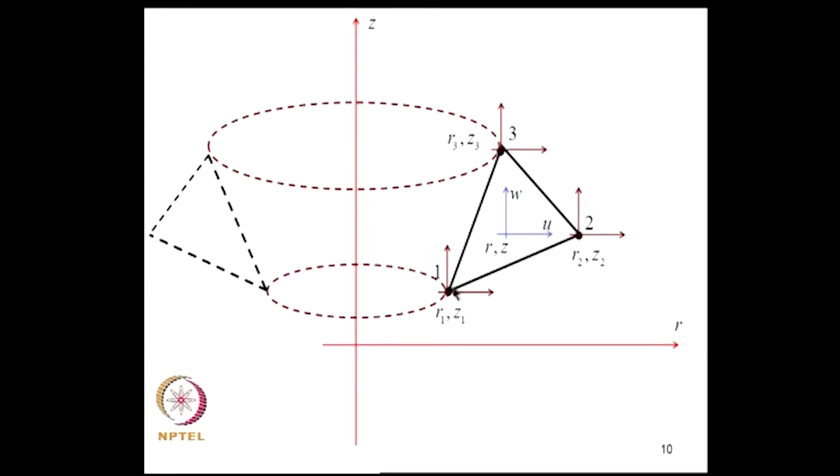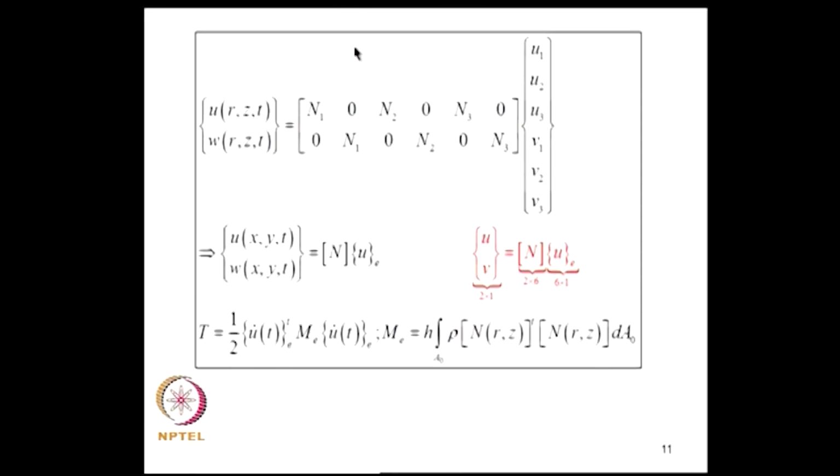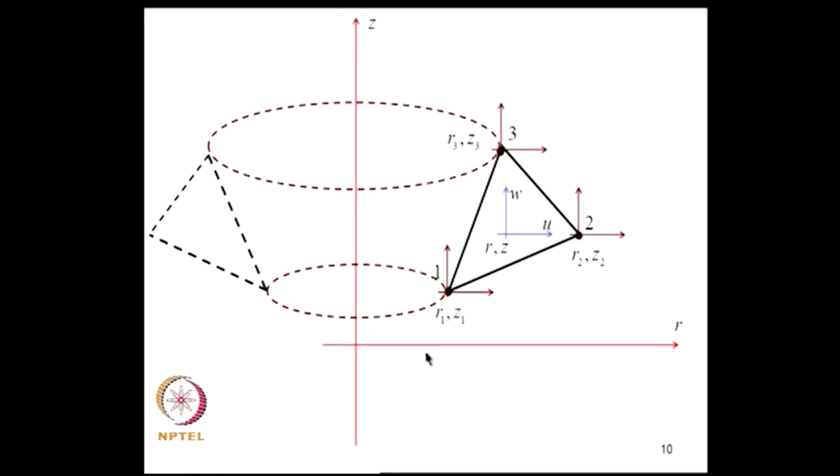We will start with a triangular element. It has 3 nodes, and at each node there are 2 degrees of freedom shown here. These 1, 2, 3 are the nodes, and the nodal coordinates are r1 z1, r2 z2 and r3 z3. This is the z axis, this is our r axis.